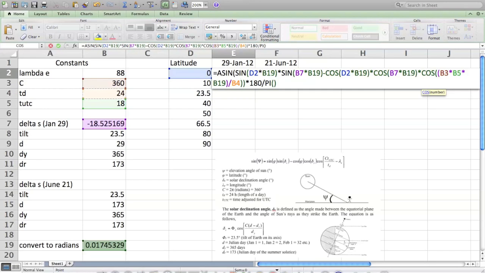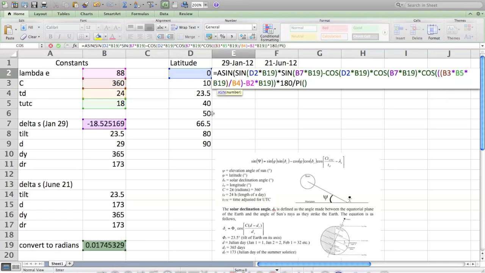What I need to do is actually add in an extra parenthesis in here so that this will all fit and work right. Now I'm going to come outside of this parenthesis and I'm going to subtract the lambda e, which is the value of our longitude. I can't forget to multiply that by our convert to radians factor. And then finally make sure that I've closed up all my parentheses with one more just like this.